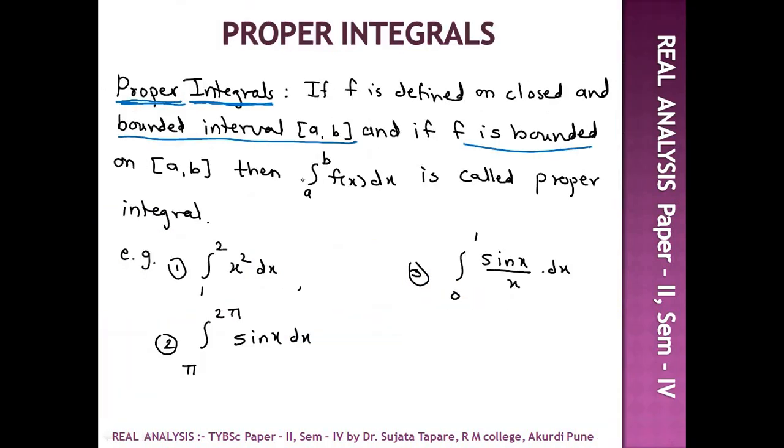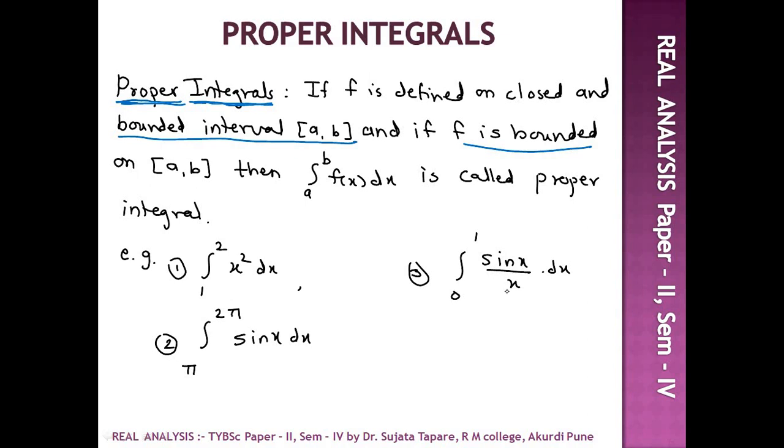Before going to improper integral, we revise what is the proper integral. For proper integral, f is defined on closed and bounded interval [a,b] and f is also bounded on the same interval. Then integration a to b f(x) dx is said to be proper integral. So, integration 1 to 2 x square dx, here f(x) is x square, which is bounded on this closed interval [1,2].